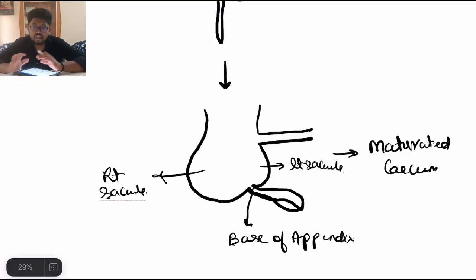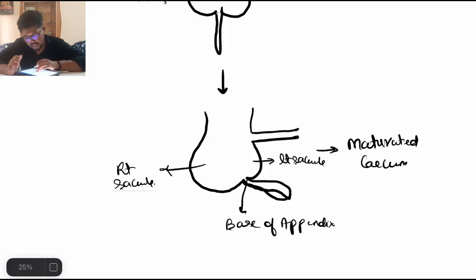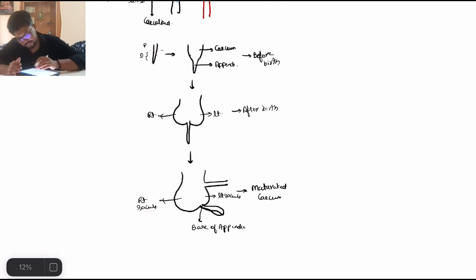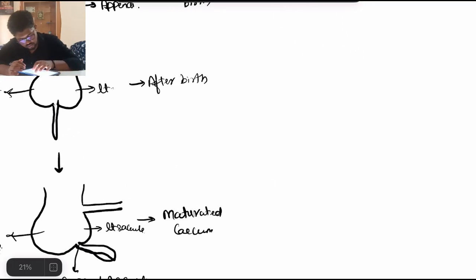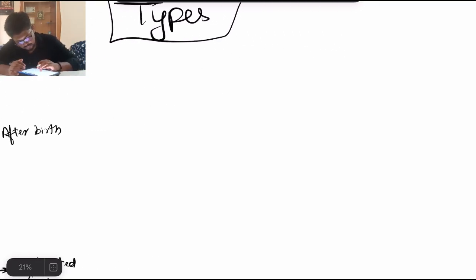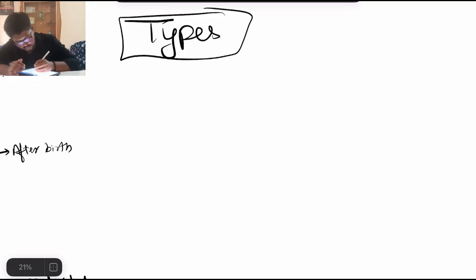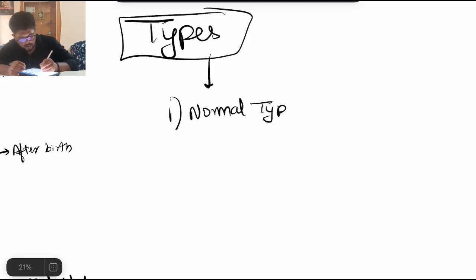Now, seeing this, we'll classify the cecum into several types. So what are the types of cecum? Firstly we'll see the normal type, which is present in 80 to 90% of the population.